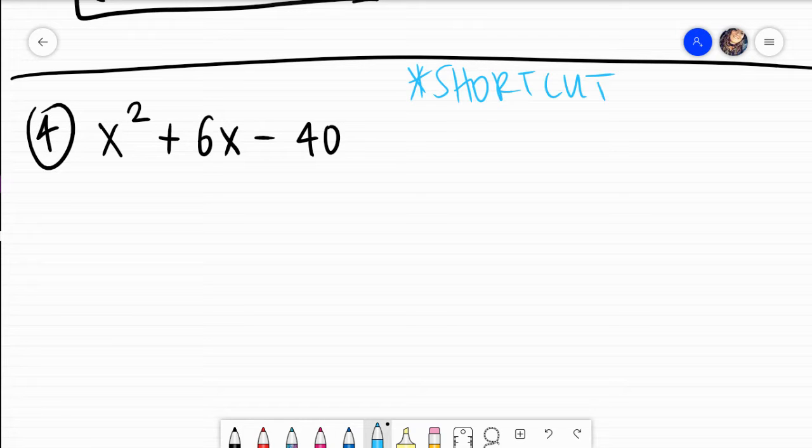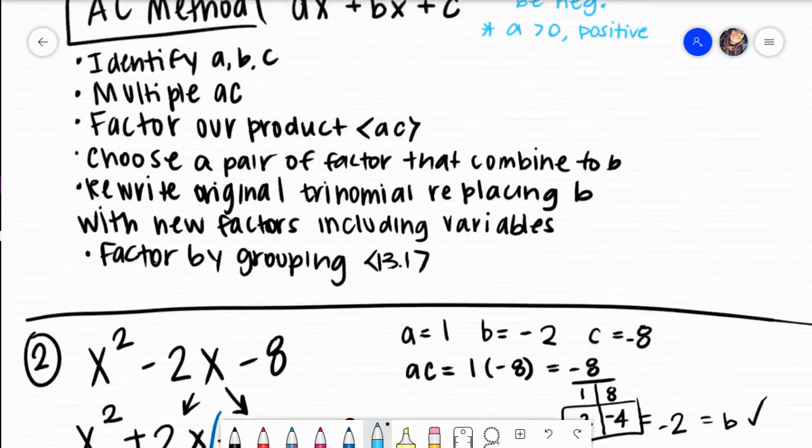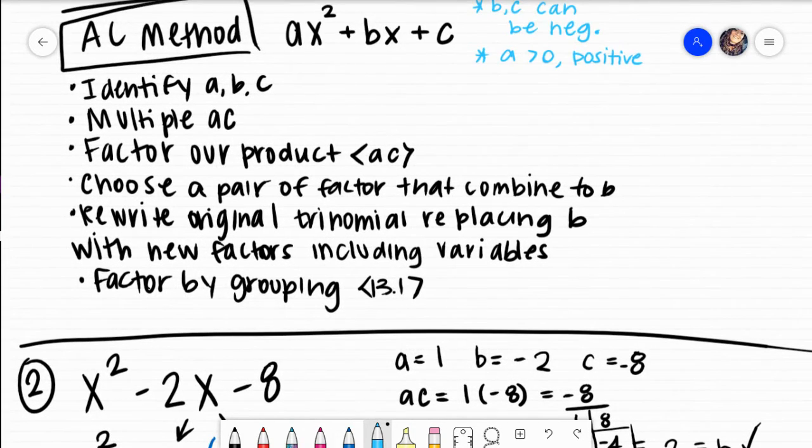Okay, so remembering the steps of the AC method: identify A, B, and C, and multiply A and C, right? Keep that in mind, that we multiplied A and C, so we were looking at a product.